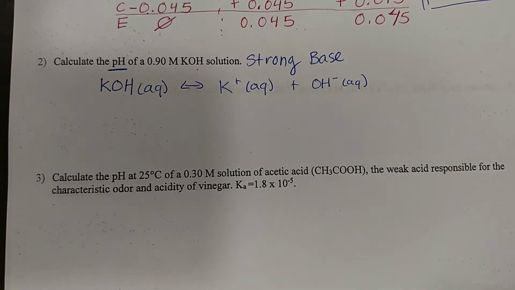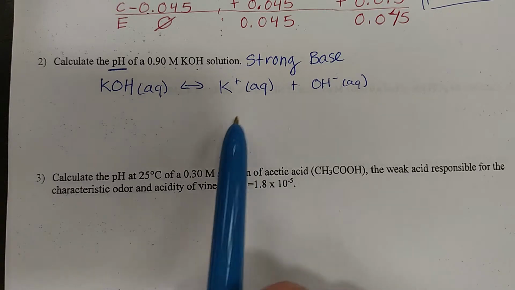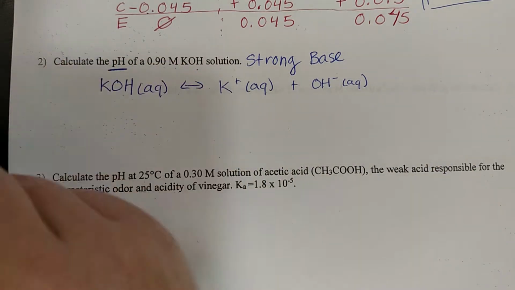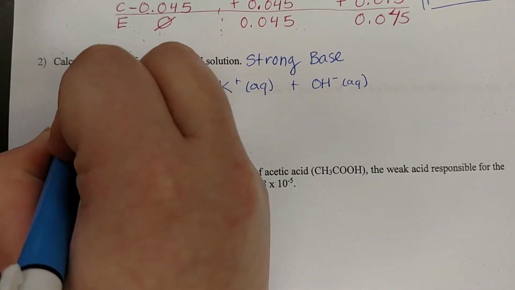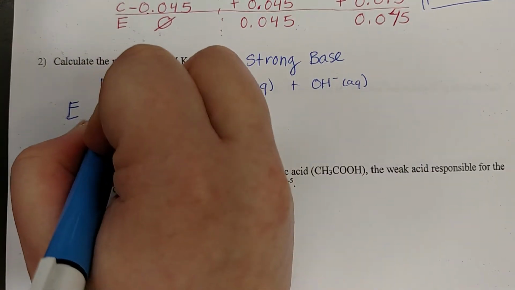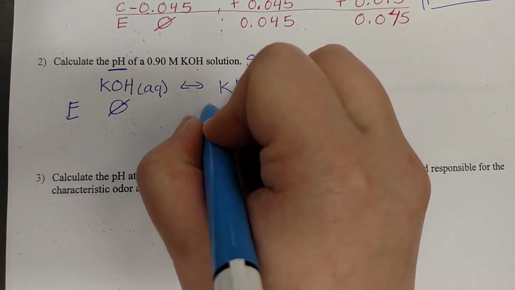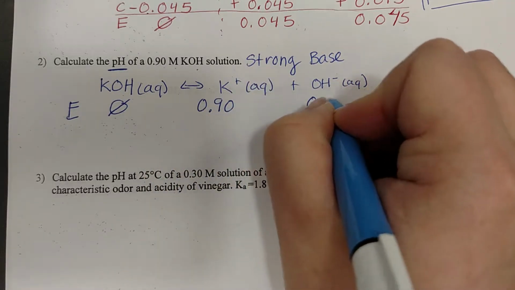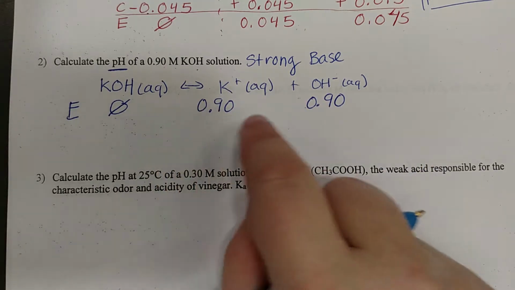Now, just like above where we assumed that the amount of KOH we were given ends up all breaking down into our ions, we can assume that here. So instead of writing out the entire ice table and taking all that time, we can kind of jump ahead. So we know at equilibrium none of this is going to be left, and it's all going to break down into our potassium and our hydroxide. Since they are 1-to-1 ratio, we keep all the numbers the same.